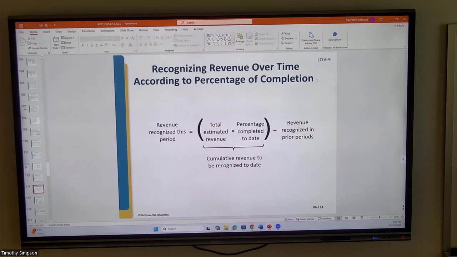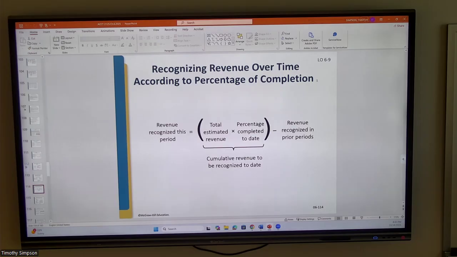And so in this case, if we're talking about using inputs, what we're doing is we're trying to track costs, and we're sort of associating that with the percentage of completion that's been done. And then that translates over to the revenue side. We'll give some examples as to how that works. And so the revenue recognized in a particular period is simply estimated revenue times the percentage completed to date, whatever that is.